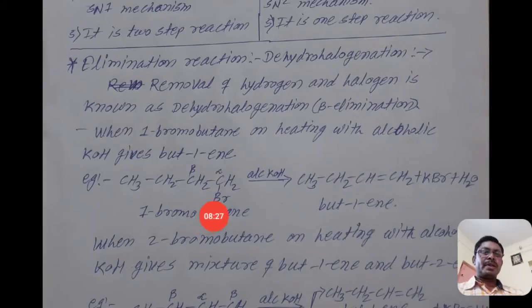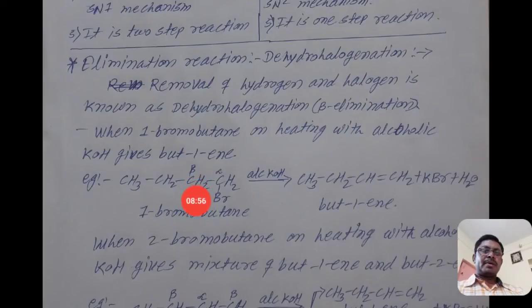When the bond between bromine and carbon is broken, one electron stays with the bromine and another with the carbon atom. Similarly, by breaking the bond between hydrogen and carbon, one electron remains on the beta carbon atom.